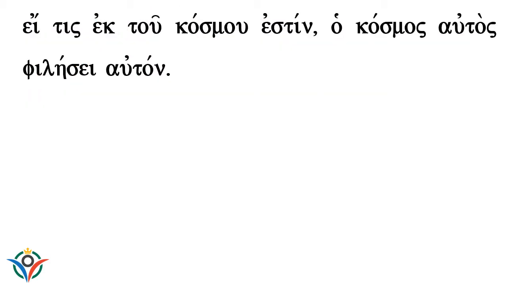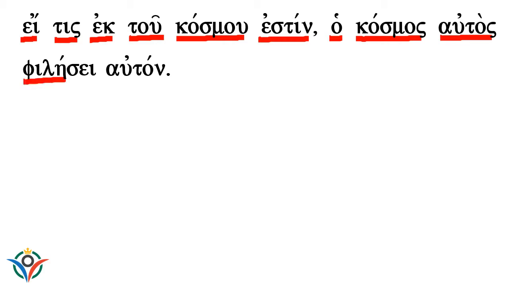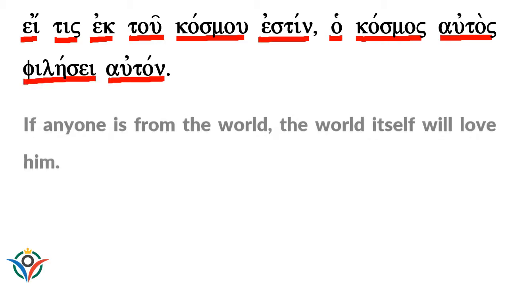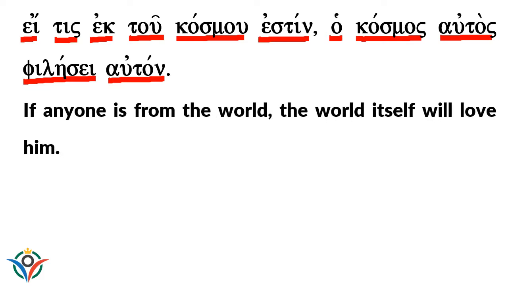Our next translation example reads as follows. Ei tis ek tou kosmou estin ho kosmos autos philēsei auton. So our translation could be, if anyone is from the world, the world itself will love him.